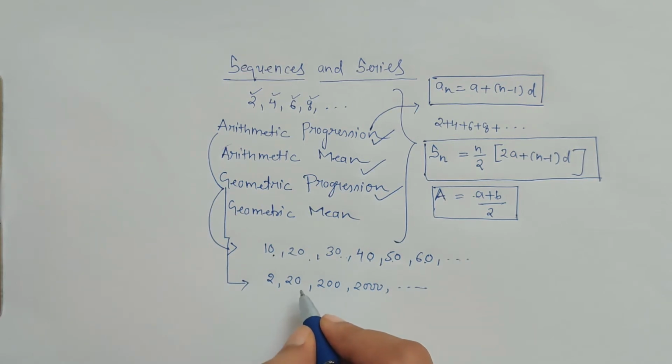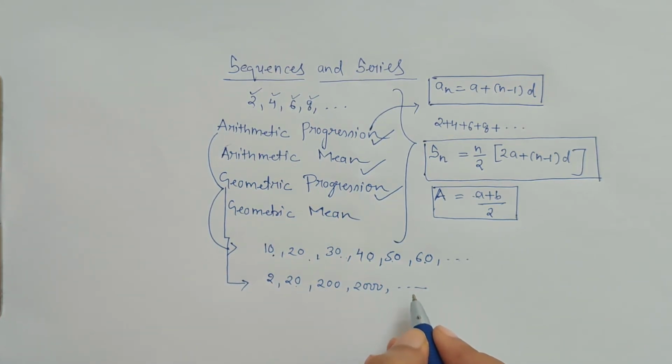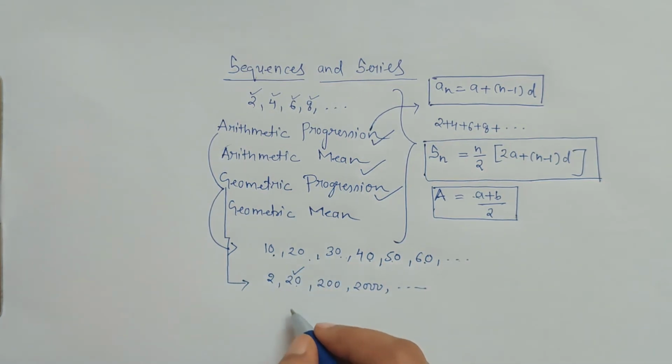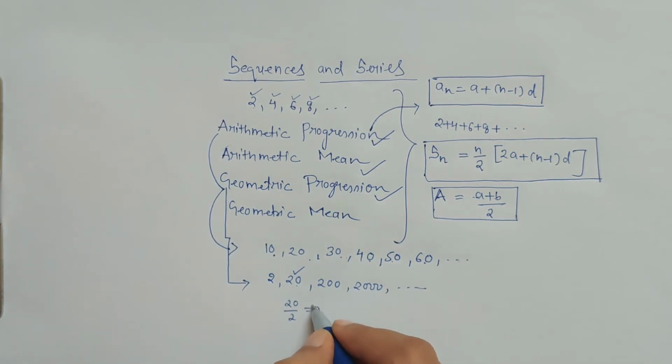Here, whatever term we choose, if we divide that term by its just preceding term, the value we get after division remains constant. For example, 20 upon 2 is 10.